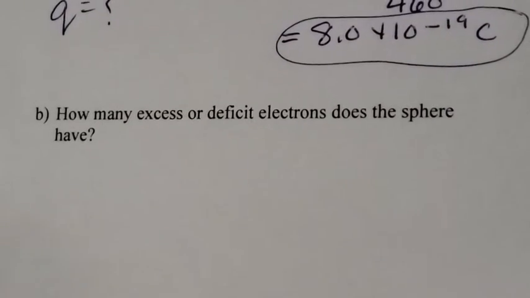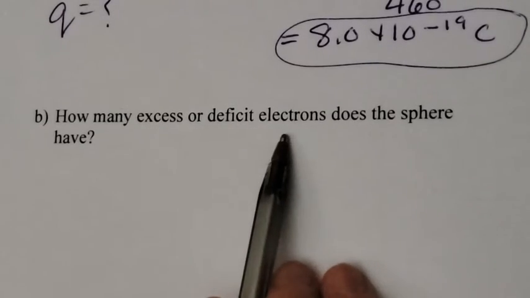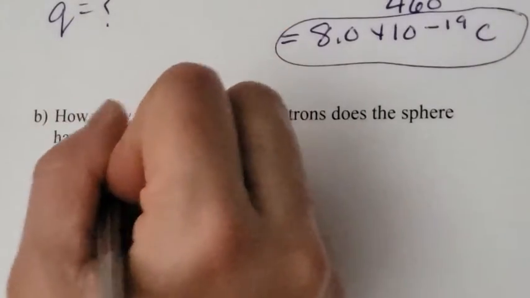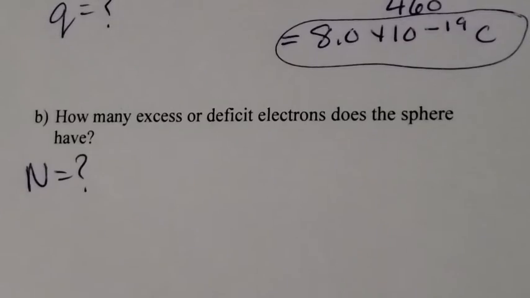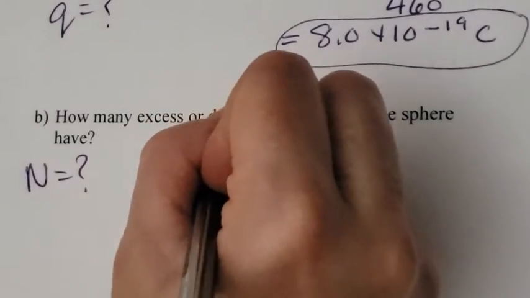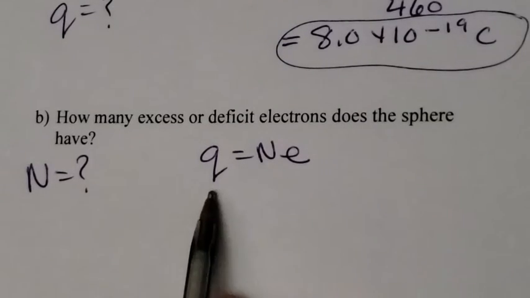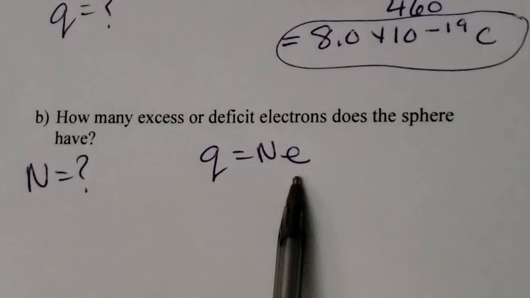Part B says, how many excess or deficit electrons does the sphere have? So I'm looking for N, and I'm going to use the formula Q is equal to Ne, because I know what Q is. I just solved for that. e is a constant, that's 1.602 times 10 to the negative 19.